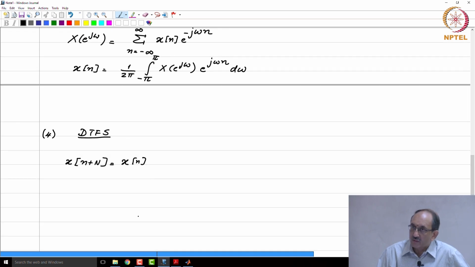Therefore, this admits a Fourier series expansion, and hence x of n can be represented like this.